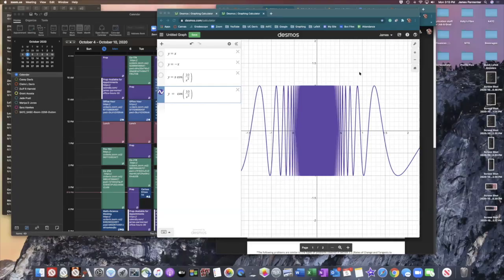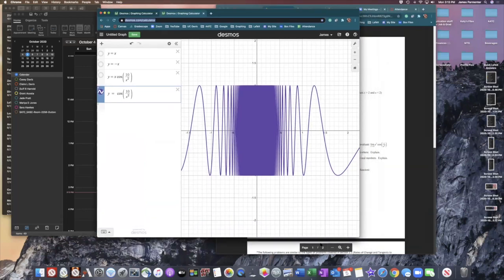So if you look at this graph here, here's the graph of y equal to cosine of 10 over x squared. As you can see, it's definitely bounded above and below by 1, but it is just a blur. It just keeps oscillating up and down. As the x values get closer and closer to 0, as we move along the graph this way, we just keep going up and down, up and down.